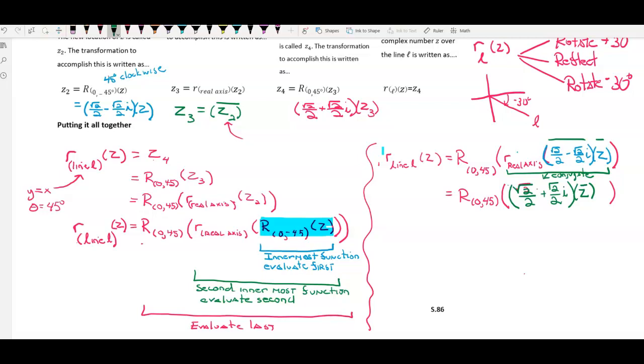Now, the last thing you're going to do is rotate it 45 degrees. To rotate something 45 degrees, you multiply by root 2 over 2 plus root 2 over 2 i, times the conjugate of z.